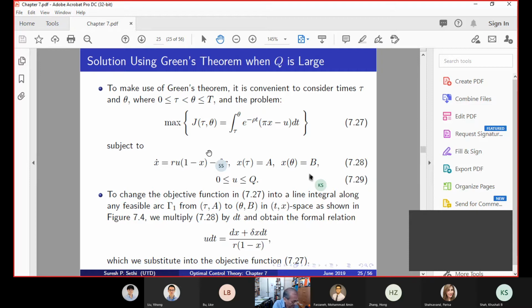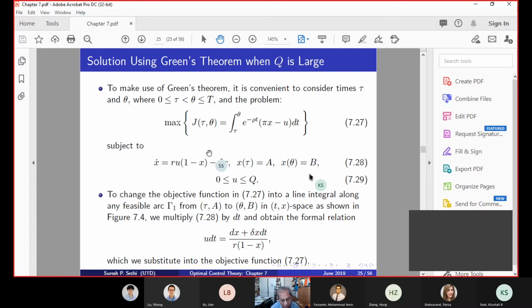He's currently a co-director of a school in Shanghai. I was talking to him a few days ago because he wants me to go to Shanghai and visit his institute there. So 7.37 that I assigned you for homework is the solution of the Sethi model.